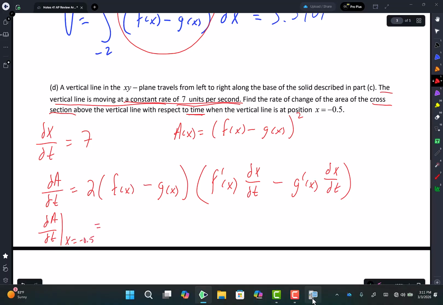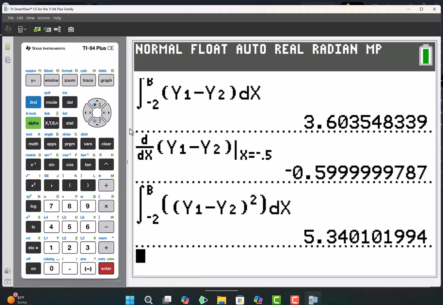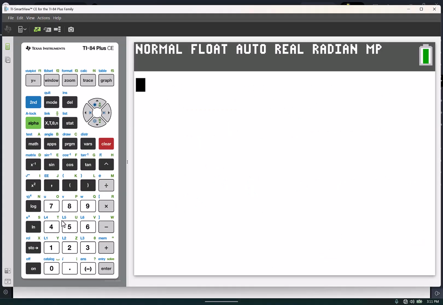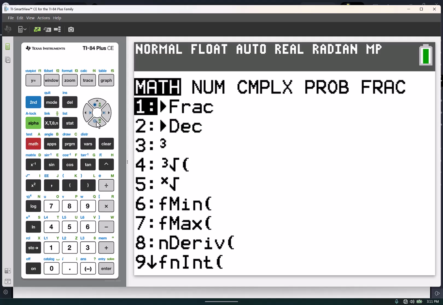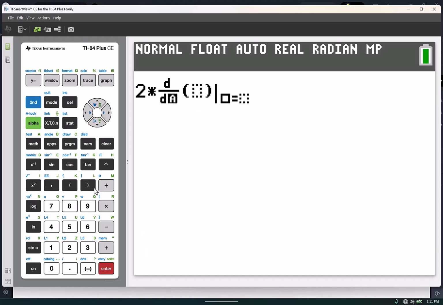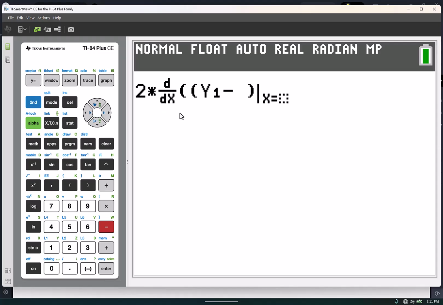So I take my calculator and I go like this. Let me clear everything. Ready? 2 times math, which one? Number 8. Put an X on it like that. Have I confused anyone? Open parenthesis, alpha trace y1, minus. I already messed up a little bit. Sorry, guys.